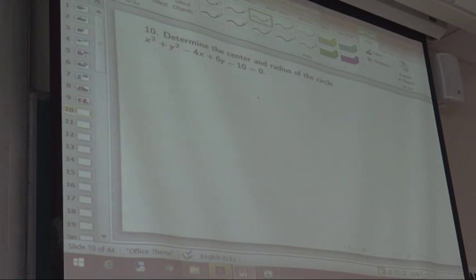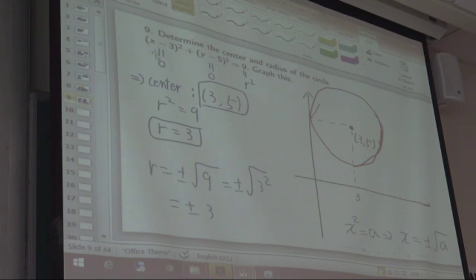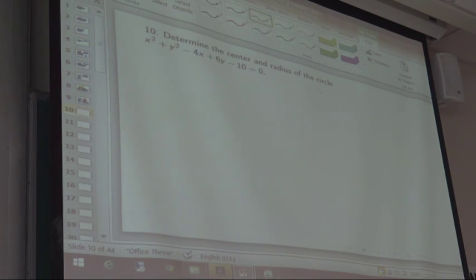So we want to determine the center and the radius. To determine that, we have to make the form into this way: x minus something squared plus y minus something squared equals r squared. We have to make that a complete square format.